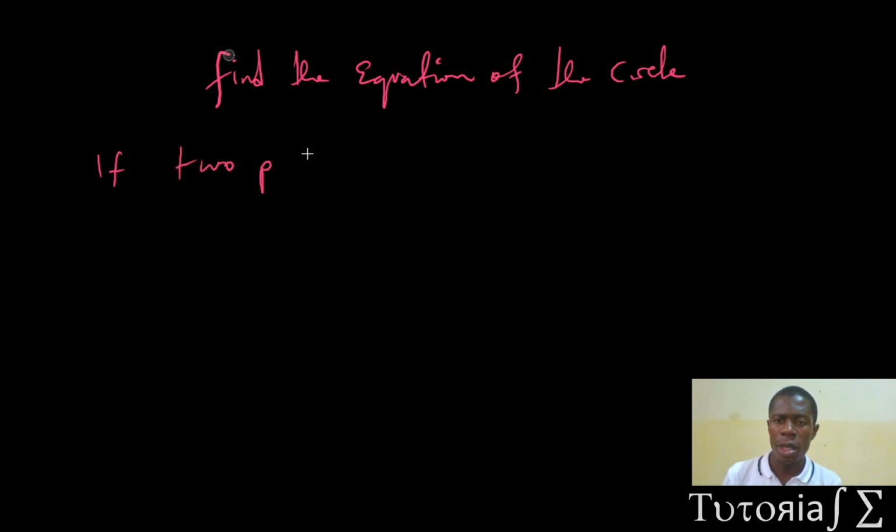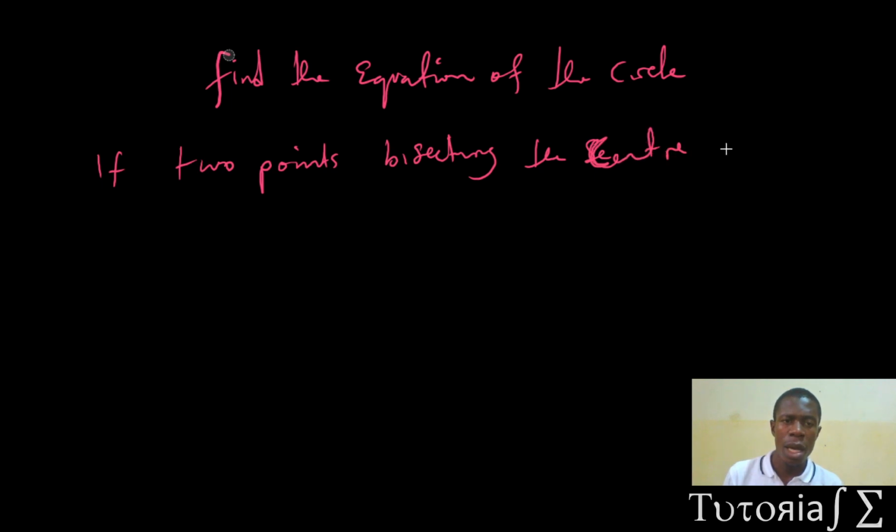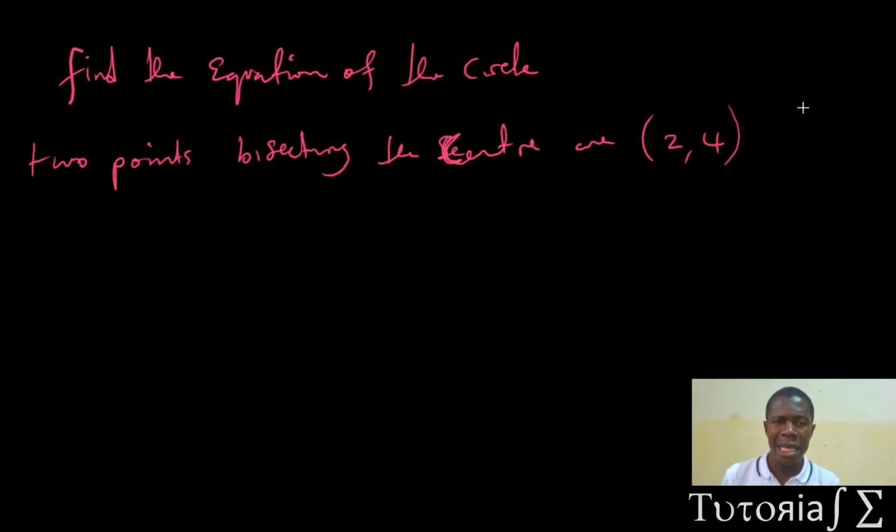if 2 points bisecting the center are, say, 2 comma 4 and 6 comma 8.